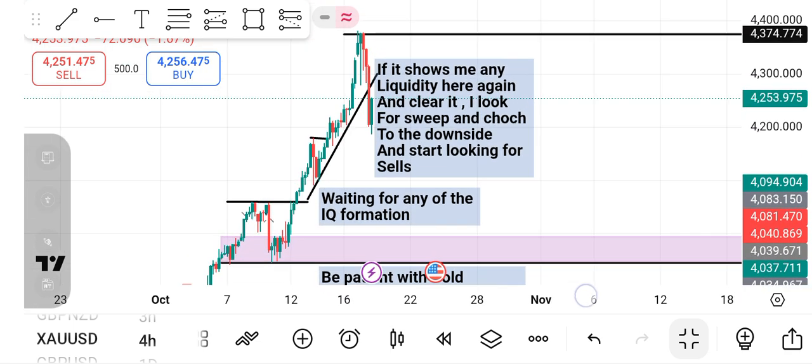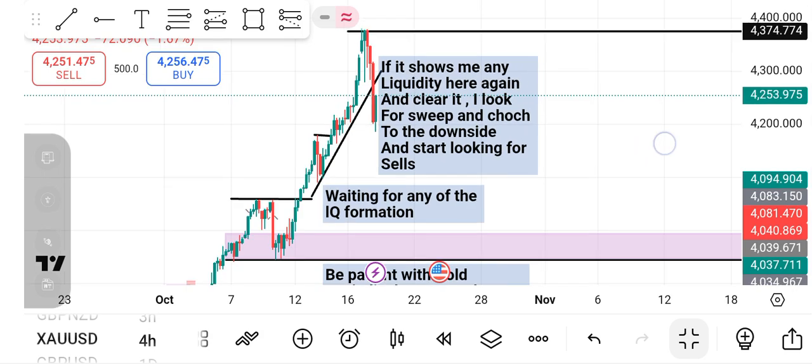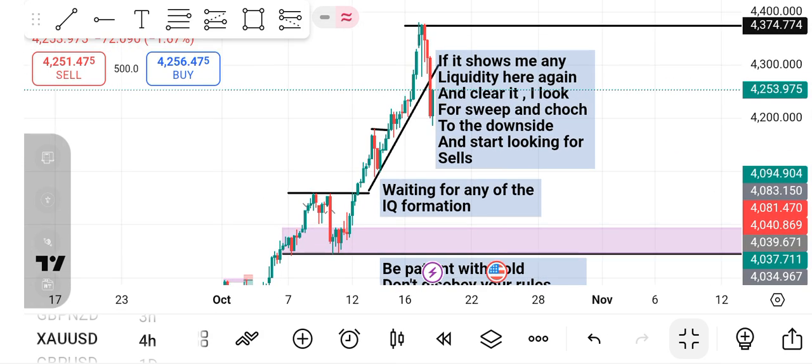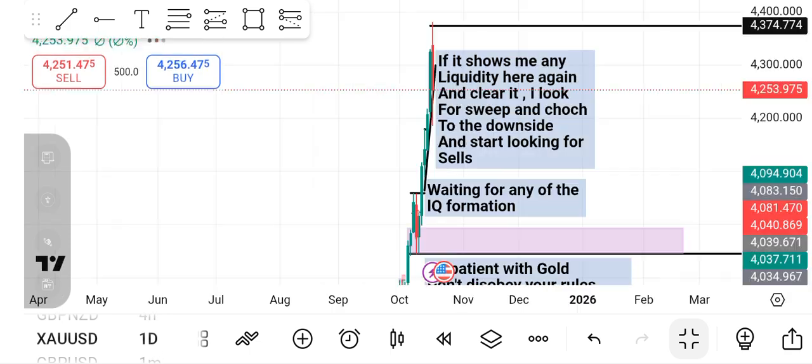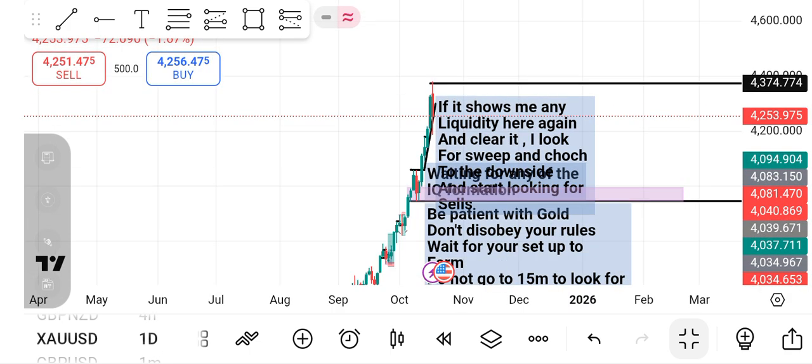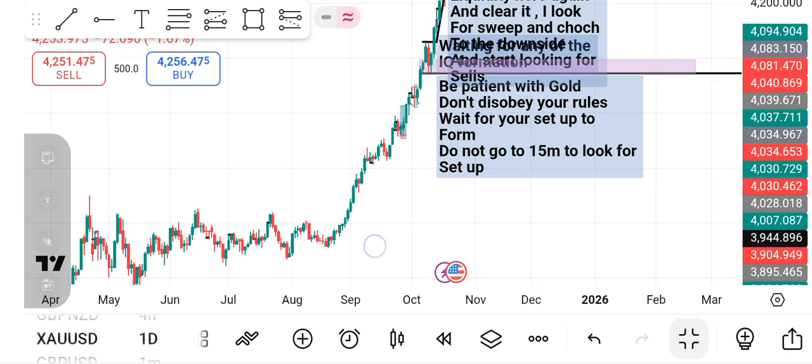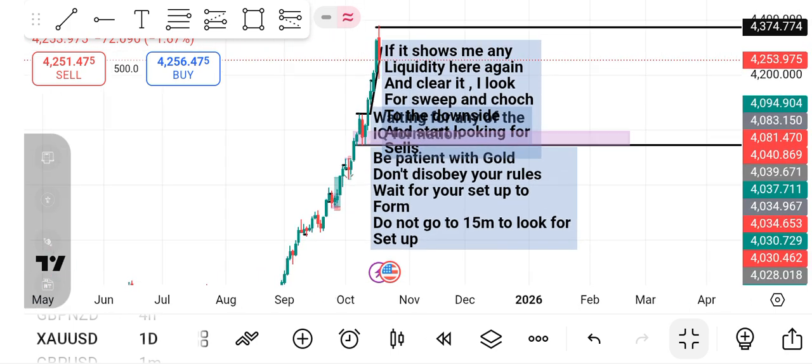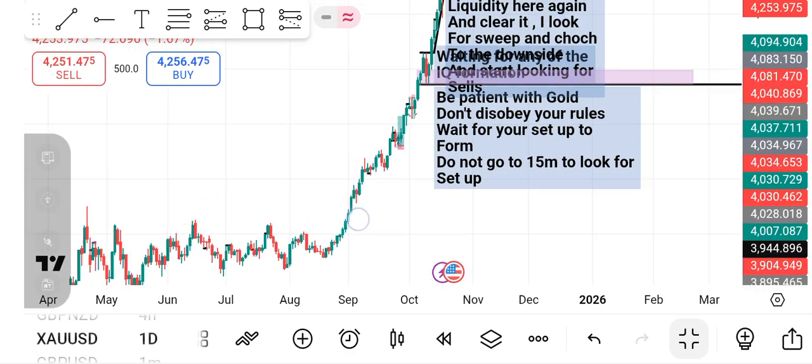Right now, since gold has been trending since the last week, right? And if we go to daily time frame, we can see that gold has been trending up a lot, all the way from here.